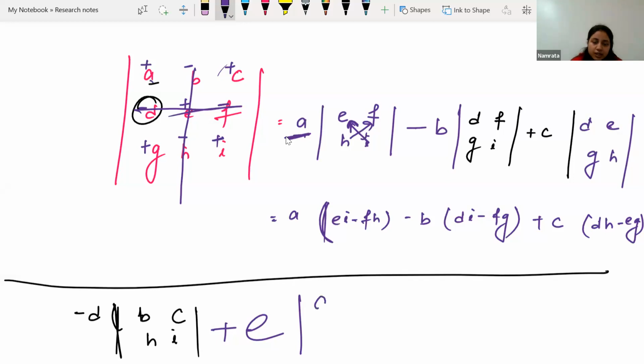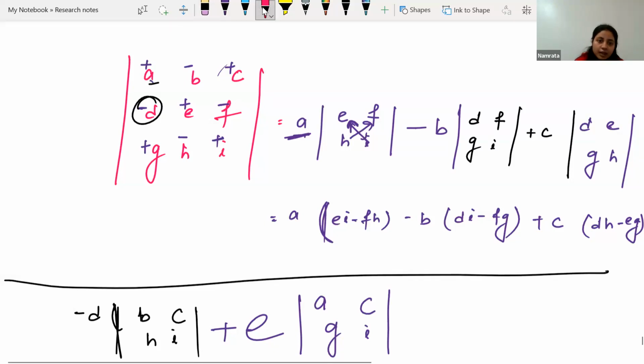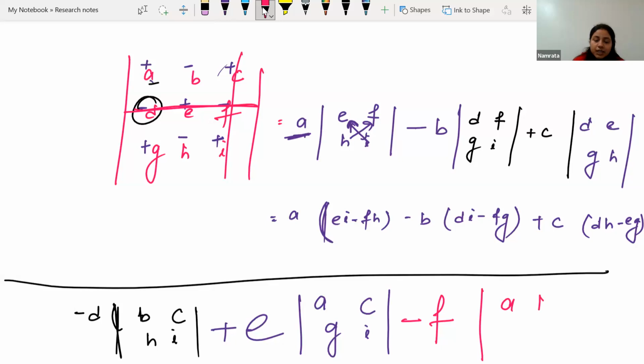So as you can see, we are left with A, C, G, I. And then we will be taking the third element, that is negative F, and we will be covering this row and this column. So we will be having A, B, G, H like this.